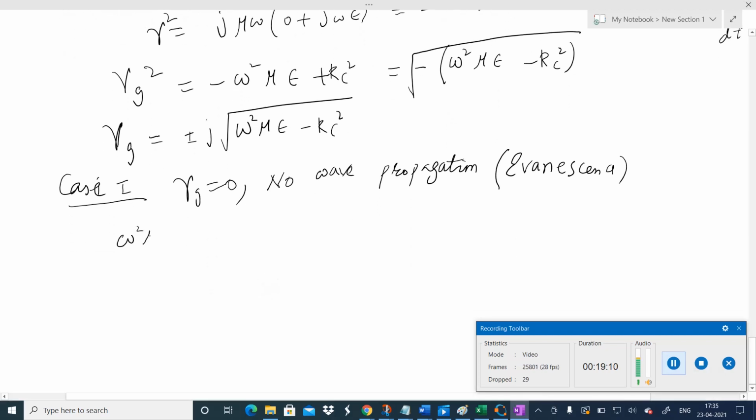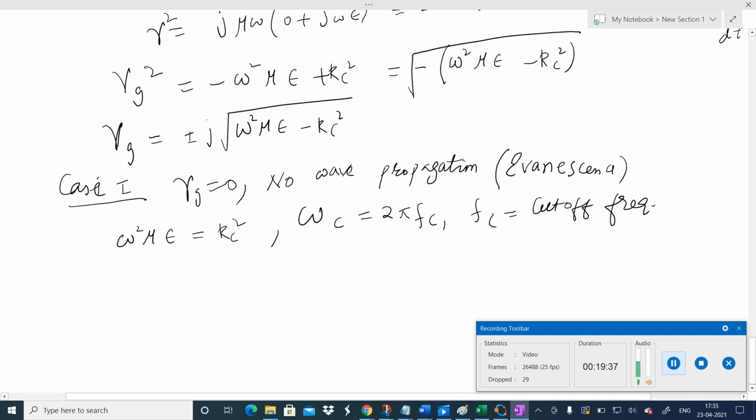When omega square mu epsilon is equal to kc square, right? So with this condition we can derive something called the cutoff frequency. The omega at which this happens, let's call that omega c, which is equal to 2 pi fc, where this fc is now the cutoff frequency.